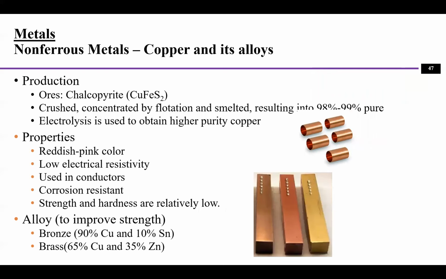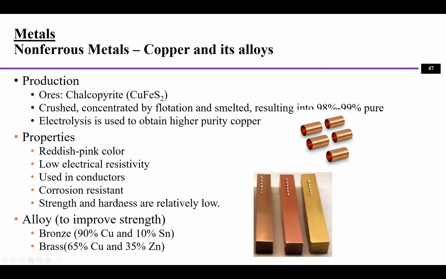All right, copper and its alloys. Copper has a reddish pink color. And here is a comparison between copper, brass, and also bronze. You can see copper has a little bit of reddish pink color, and copper has very good electrical conductivity, and it has been used for wire a lot, and it can be used in conductors, and also copper has corrosion resistance as well.